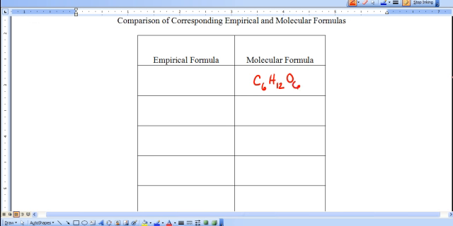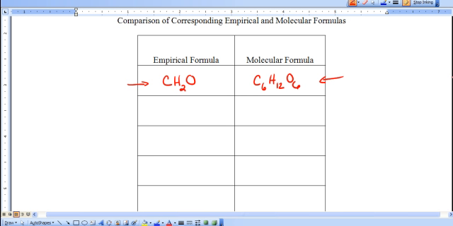All right, and most of you guys know that. However, the lowest whole number ratio of these is going to be found by dividing through by 6. They're all divisible by 6, so if we do that, you get 1 carbon, 2 hydrogens, and 1 oxygen. So this is the lowest ratio.